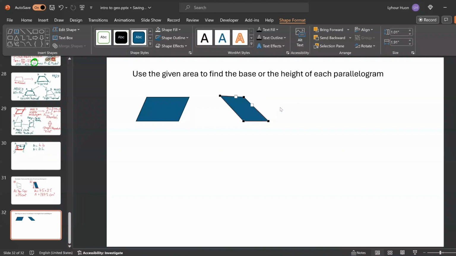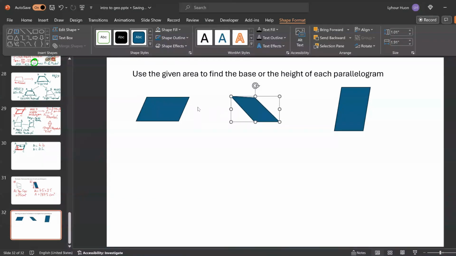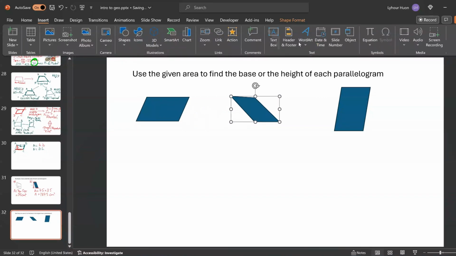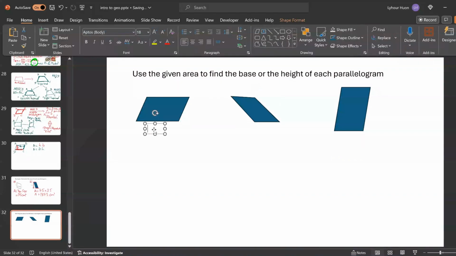Okay, and the other one is, and we have this 12 meter. This is 2 millimeter. 2 meter.